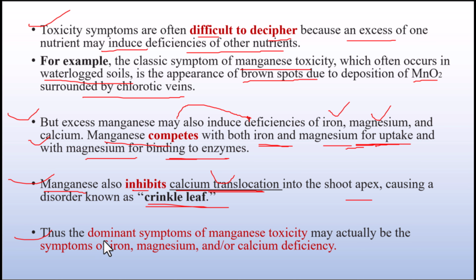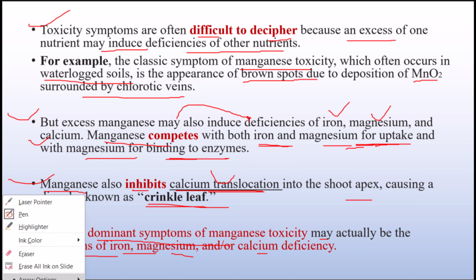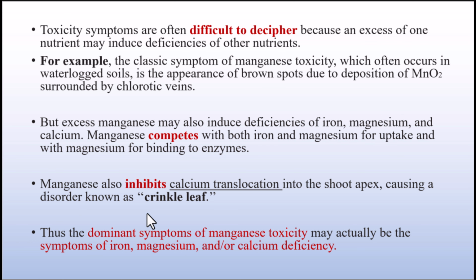Thus, the dominant symptoms of manganese toxicity may actually be the deficiency symptoms of iron, magnesium, and calcium. So we can say that one micronutrient's toxicity can result in the deficiency of another.